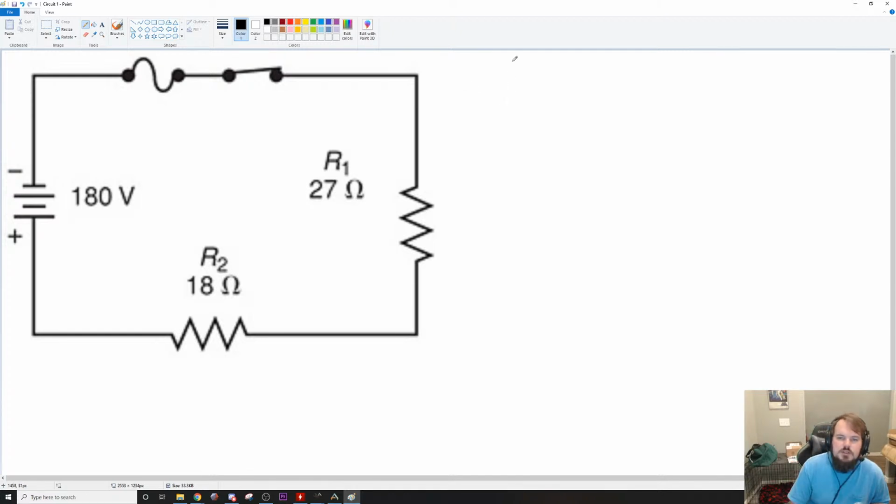Alright, so let's start out with drawing our chart. It's been a minute, so this is a good one to start with.